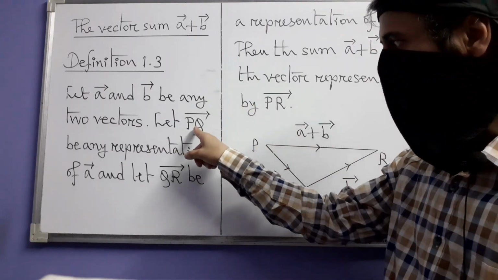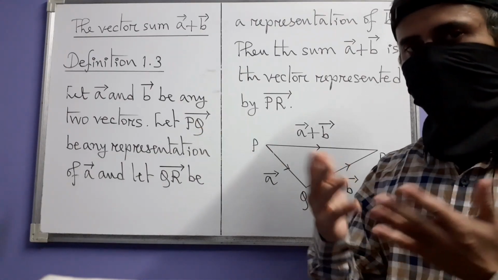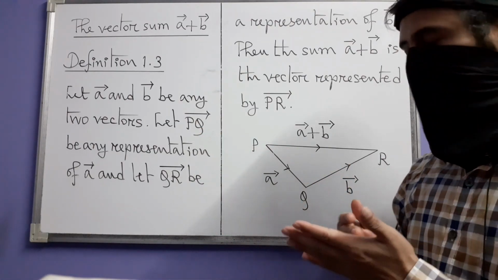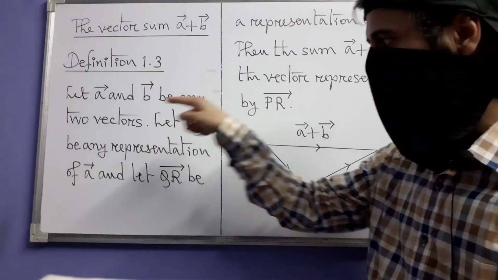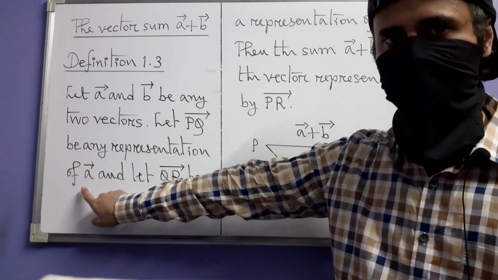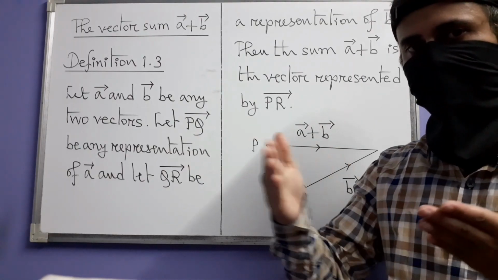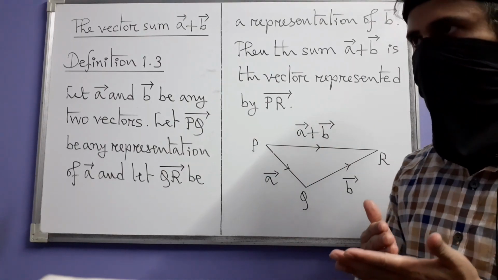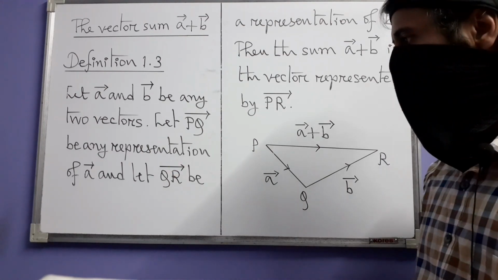That is why this is a line segment which is having some length and it is directed from P to Q, and it represents the abstract vector a in the sense that the magnitude of a equals the length of the line segment PQ, and the direction is the direction of PQ from P to Q.